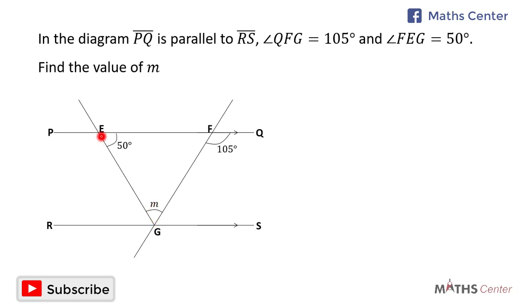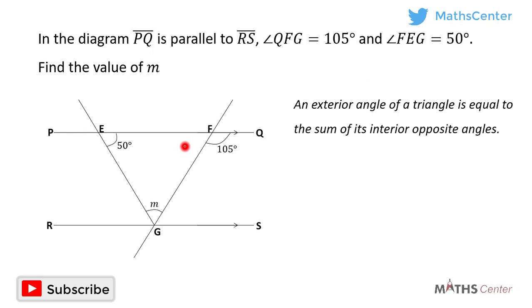When we consider the points E, G, F, we can see that it forms the triangle EGF. One of the properties of angles in a triangle is that in a triangle, an exterior angle is equal to the sum of its interior opposite angles.